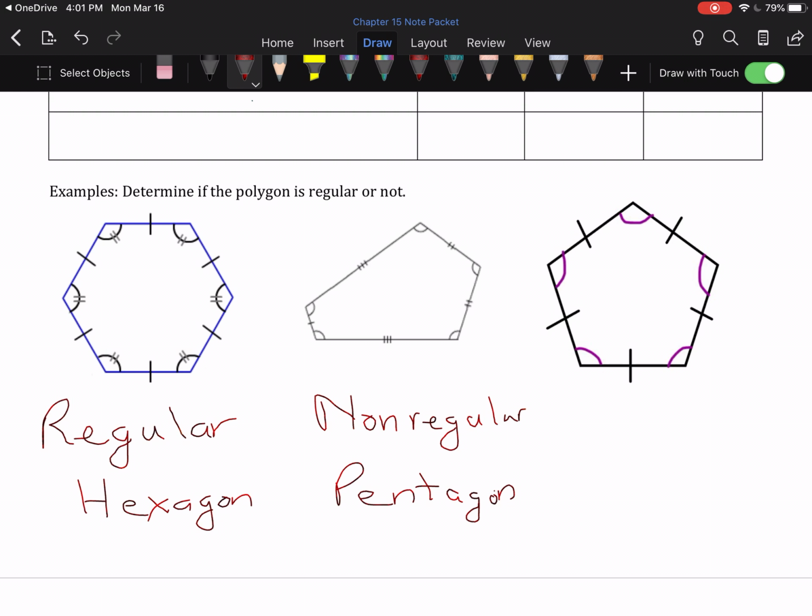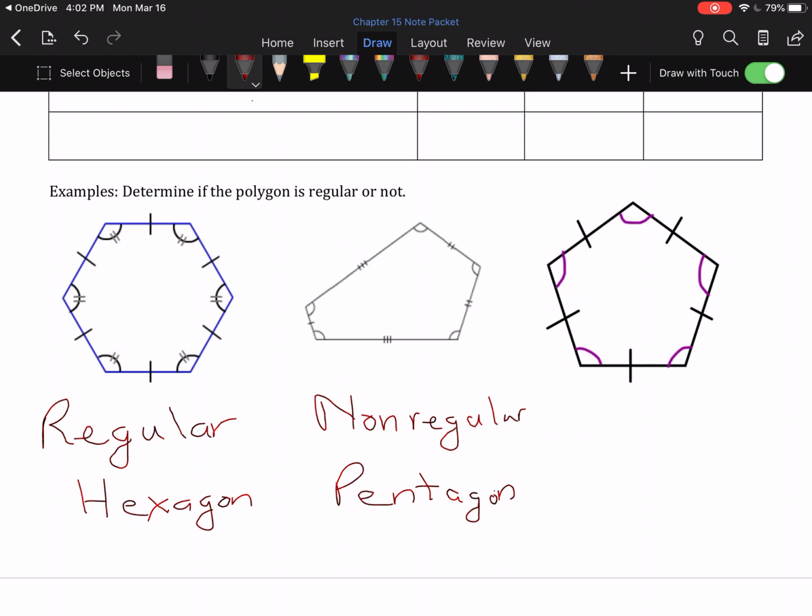The last guy on the side here is, again, 5-sided. We know it's a pentagon. We know all the sides are congruent, but we don't necessarily know what the angles are. Well, guess what? For every single shape except quadrilaterals, okay, quadrilaterals are special here.